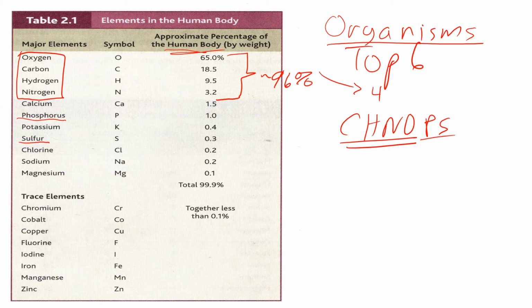This is the top 6. Then you can see all these others that are needed in very small amounts only, and all of them together add up to less than 0.1%. Vertebrate organisms like us have this in the mix also.